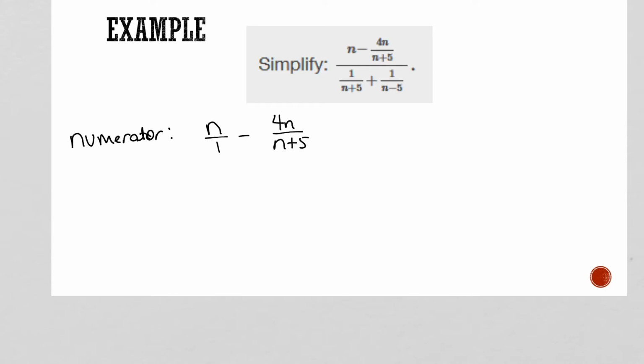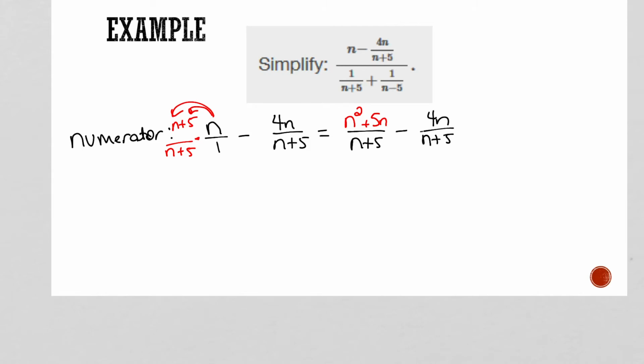Now, what is our common denominator? Our common denominator is n plus 5. I don't need to change this one, so I'm just rewriting it over here. But this one needs an n plus 5 over n plus 5. So I've got to distribute the n, and I end up with n squared plus 5n.